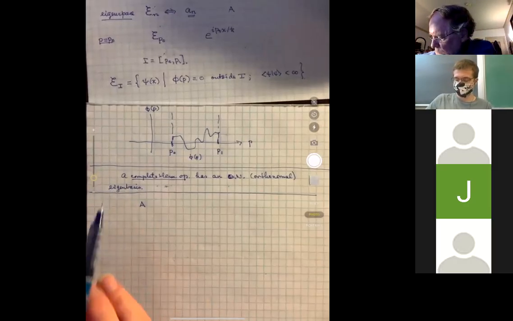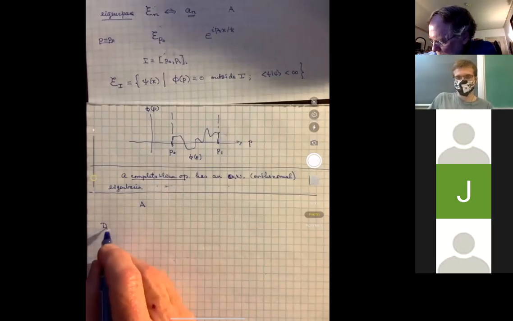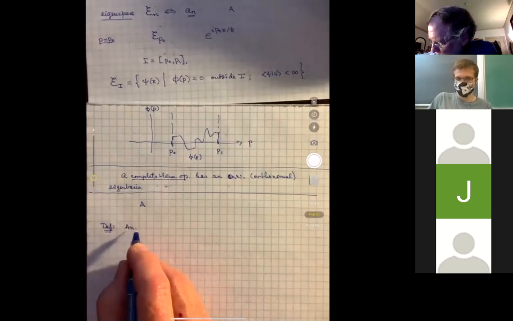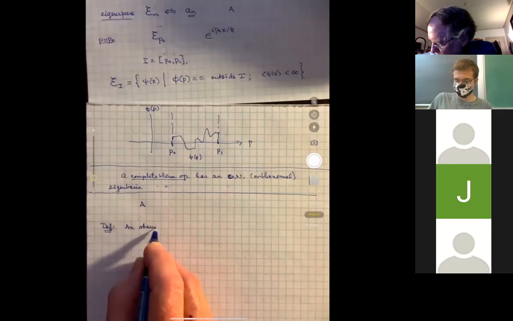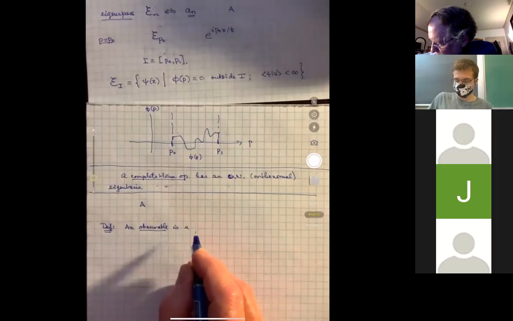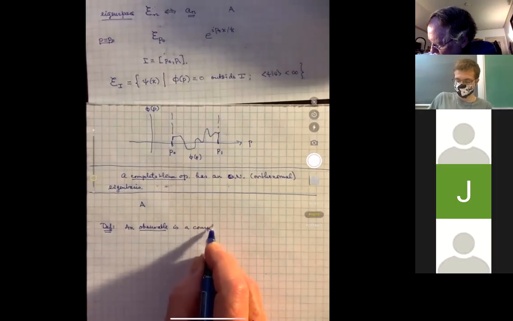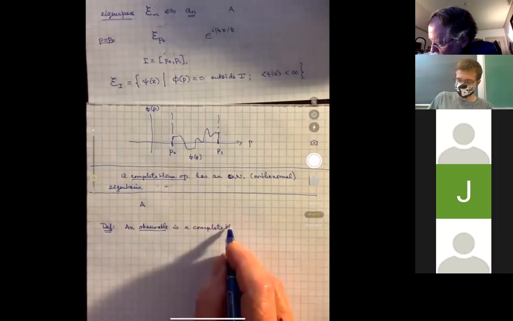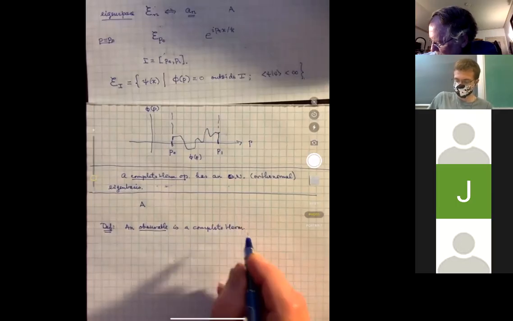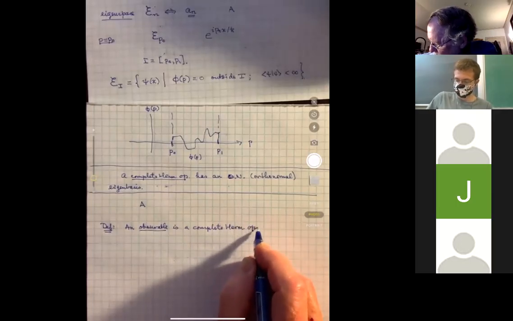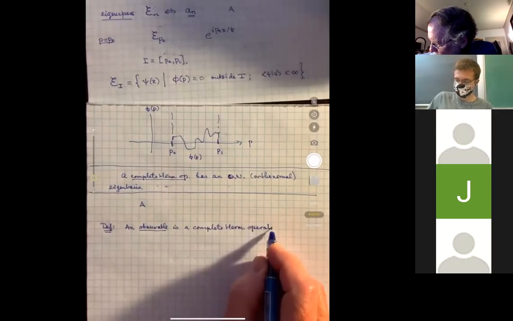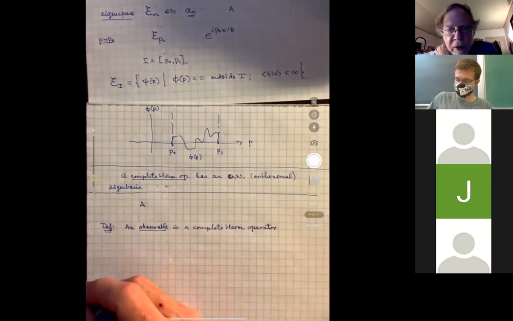And so for that reason, we invent a definition, which I'll give you here now, is what we call an observable. An observable is a complete Hermitian operator. And what we will do in this course is, without comment, assume that all the Hermitian operators that we encounter actually are observables and are therefore complete.